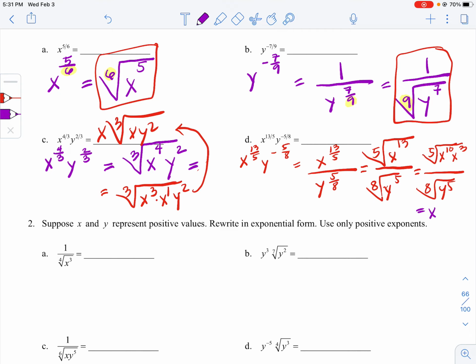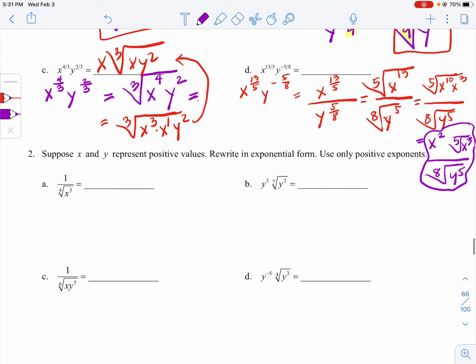So I have an x squared on the outside, and the 5 does not really go into the 3, so I'm going to keep that in, over the 8th root of y to the power of 5. So your answer is going to be x squared times the 5th root of x cubed all over the 8th root of y to the power of 5. Okay, there you have it.